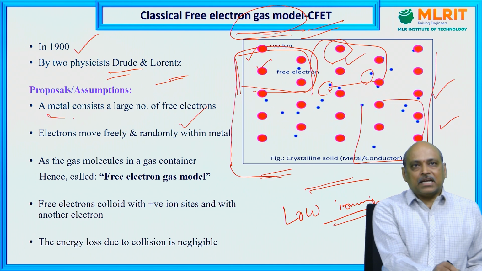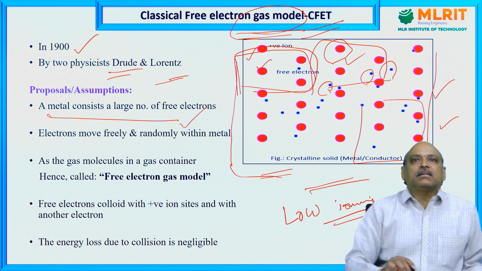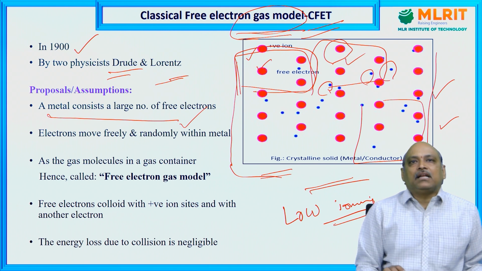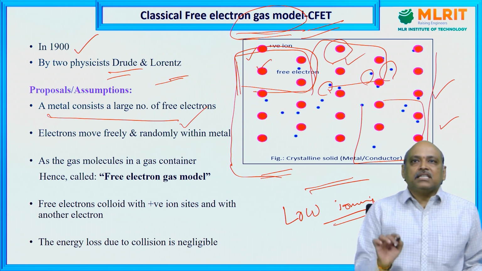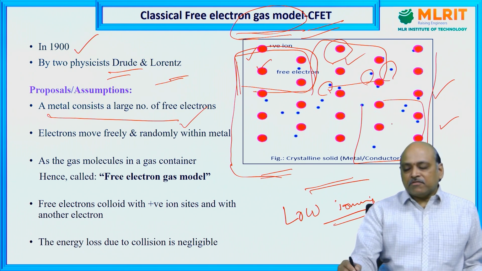If you take a metal, it consists of a large number of free electrons, and these blue dots are the free electrons, which move freely and randomly within the metal. How much freeness will they have?